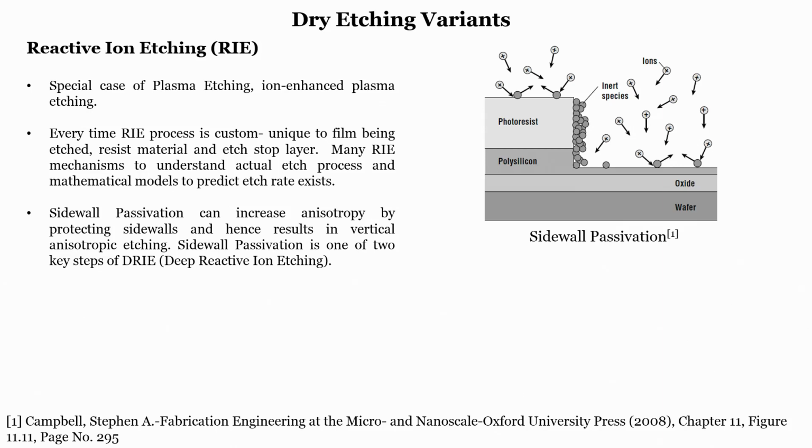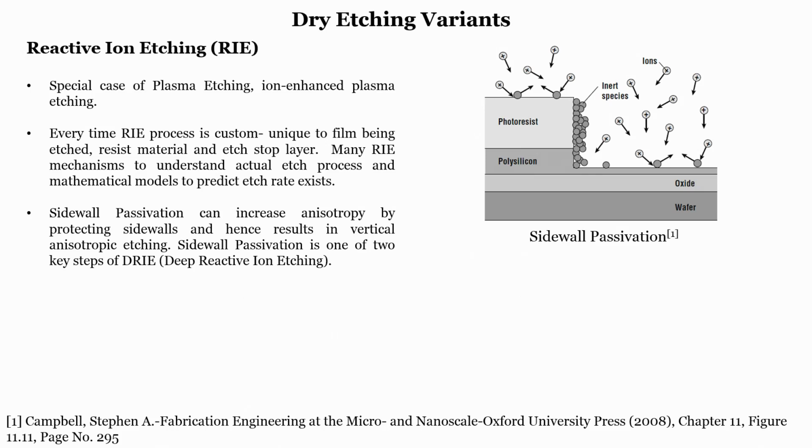Now, in the dry etching variants, let us see the third one, which is reactive ion etching. Reactive ion etching is a special case of plasma etching, enhanced plasma etching, where every time the RIE process is customized, unique to the film being etched, resist material and etch top layer.